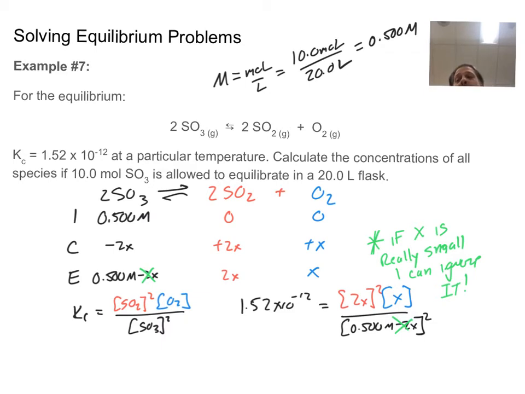So when I do that, let's go back to my other page, and I need to figure out what the value for the concentrations would be. So in the case of SO2, we noticed that we needed a 2x, and for O2 we needed an x, and for SO3 we needed 0.5 minus 2x.